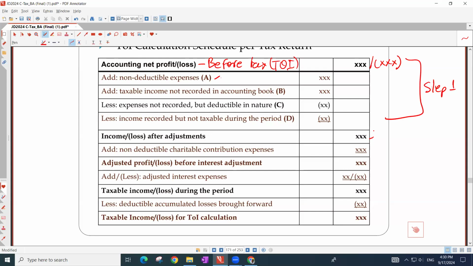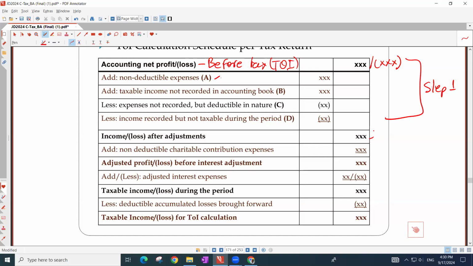We need to calculate to find the maximum charitable contribution deduction and compare with the actual. If the actual minus maximum gives a positive number, we add back. But if we take actual charitable minus maximum and get a negative, it means we can claim full deduction. So no adjustment, no add back.